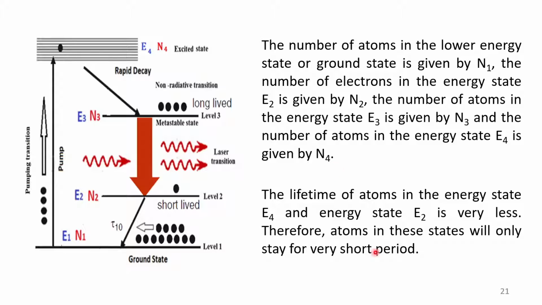We know that the lifetime of the atoms in the energy state E4 and the energy state E2 is very short. Therefore, atoms in these two states will only stay for a short period.